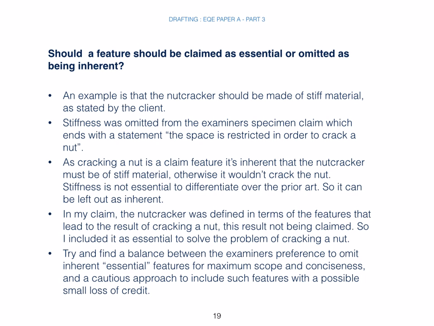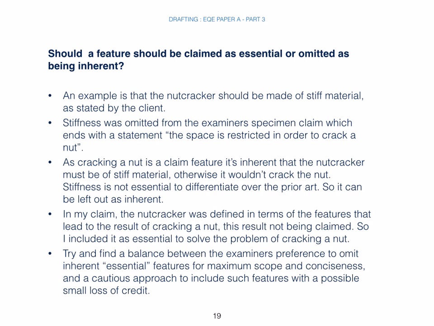So these inherent features are very difficult to handle, and I just advise you to try and find a balance between the examiner's preference to omit inherent essential features for maximum scope and conciseness and a cautious approach to include such features with a possible small loss of credit. I justify my cautious approach in that omission of a feature the examiners say in their report is essential may lead to a loss of 5 to 10 points.